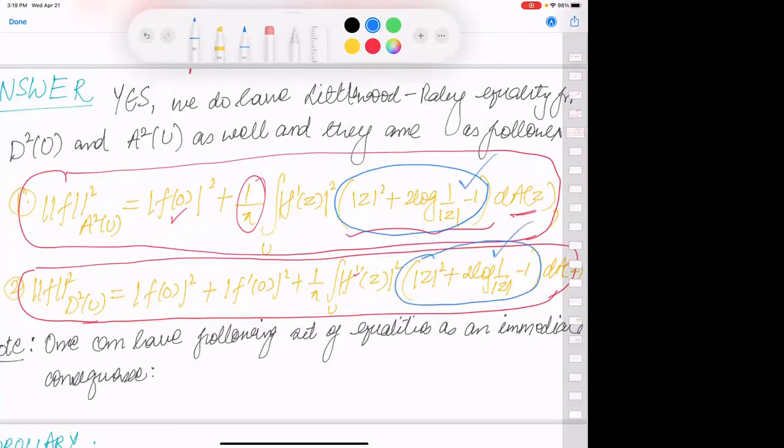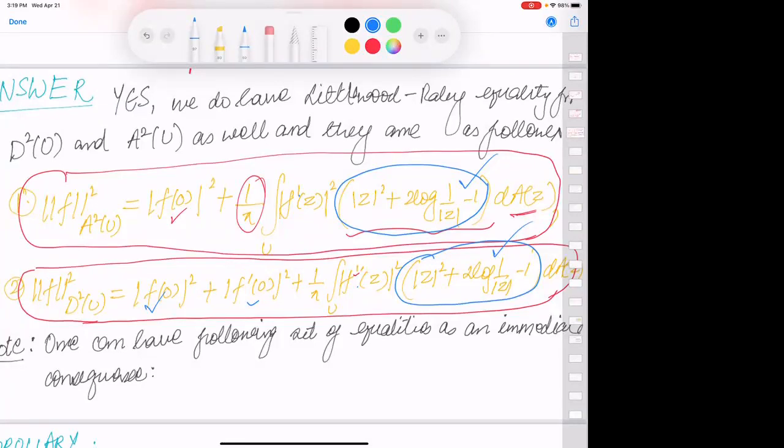And there's kind of a pattern: in the Bergman you have f prime, a single prime, but in Dirichlet you have f double prime, right? And f of 0 squared is present, and you have f prime of z and f of 0 squared, which is quite needed for the Dirichlet norm, because the summation starts from n equals 1, right?